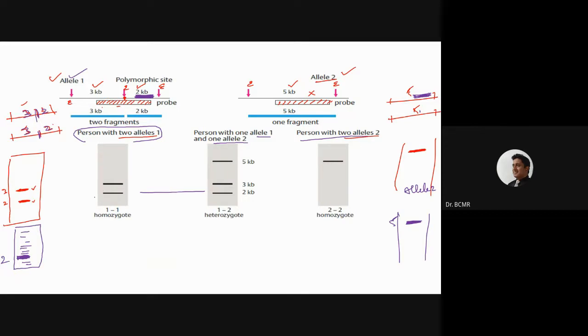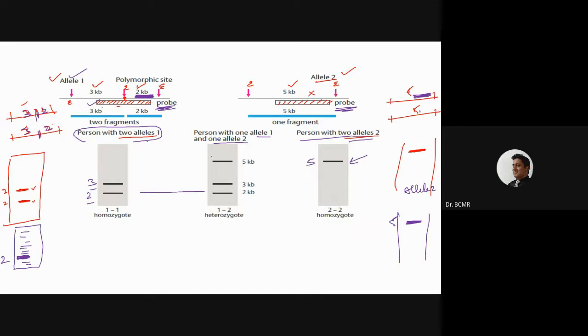First one is homozygous for allele 1. So you'll get a 2 kb fragment and a 3 kb fragment. We are considering this probe that is here. If the person is homozygous for allele 2, you'll only get one 5 kb fragment or band like that.